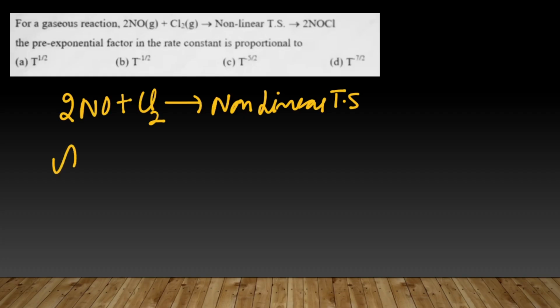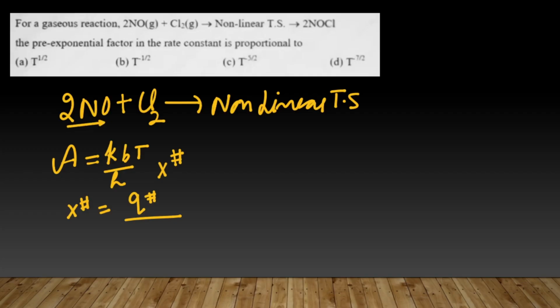So for this we know the pre-exponential factor is equal to kBT by h into x bar, which is the partition function of the activated complex upon the partition functions of the reactants. Here the reactants are 2NO and 1 Cl2, so this will be the partition function of NO into the partition function of NO into the partition function of Cl2. Now NO and Cl2, all three of these are linear molecules.